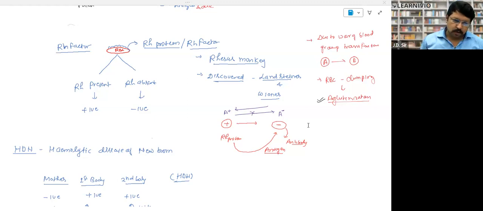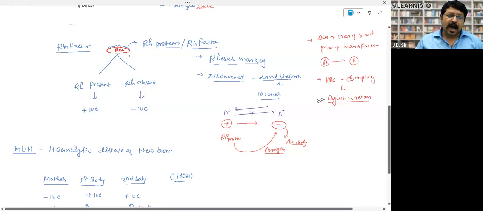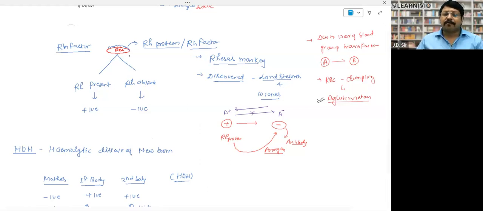Why? Look, what are the positive and negative blood groups? Suppose this is the RBC. On the blood cells, there is a covering of protein. This covering of protein may or may not be present. This protein is called Rh protein, and in general we also call it Rh factor.